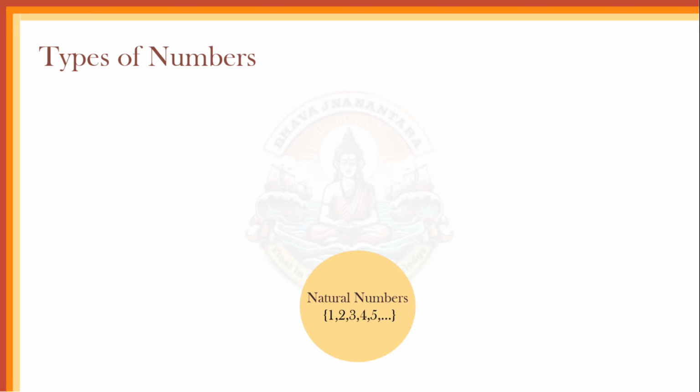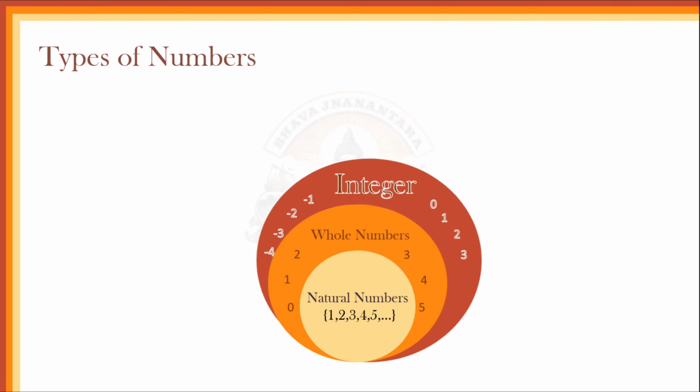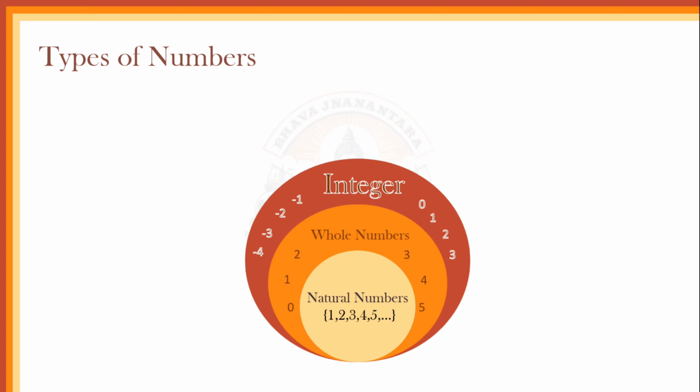Then we introduce whole numbers, which include 0 along with all natural numbers. Whole numbers help us represent quantities when counting starts from 0. Moving on, we explore integers, which include positive and negative whole numbers along with 0. Integers are crucial in representing situations involving gains and losses or movement in positive and negative directions.